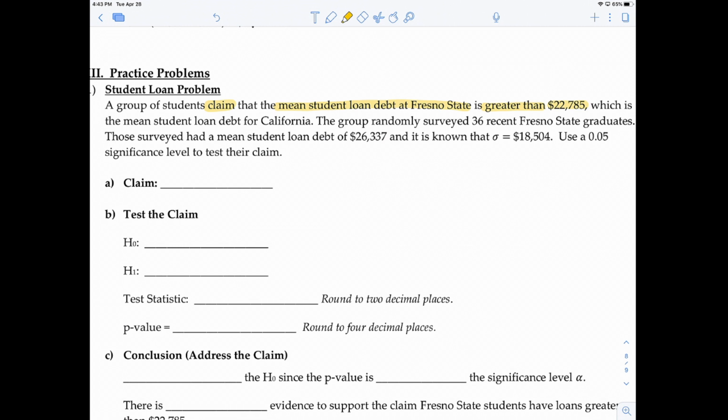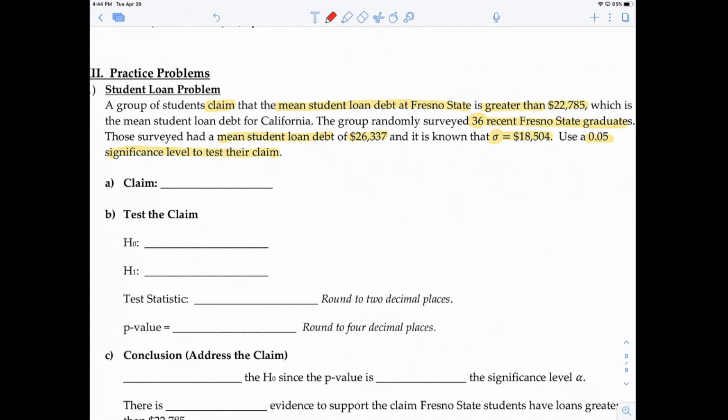The group randomly surveyed 36 recent Fresno State graduates. Those surveyed had a mean student loan debt of 26,337, and it is known that sigma, the population standard deviation, is 18,504. Use a 0.05 significance level to test their claim.